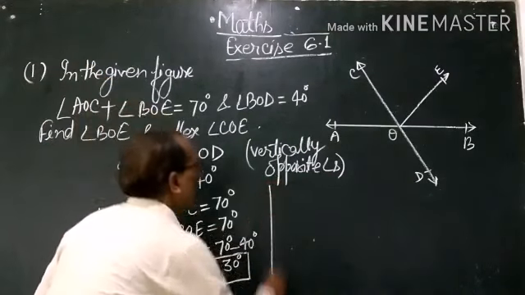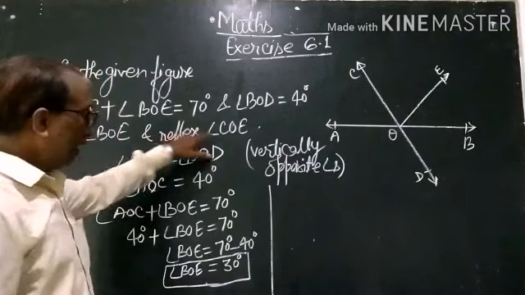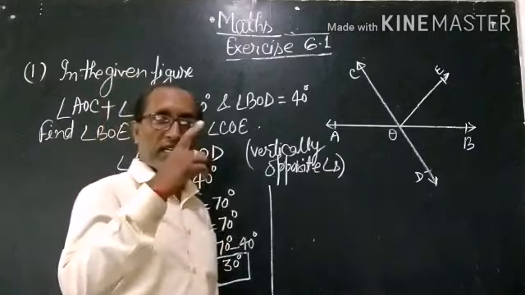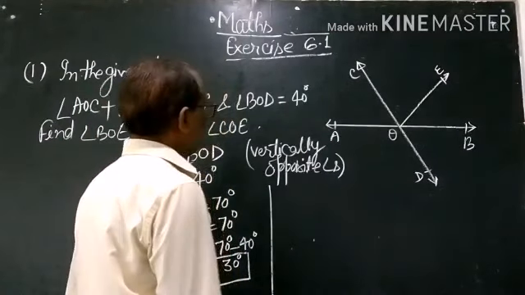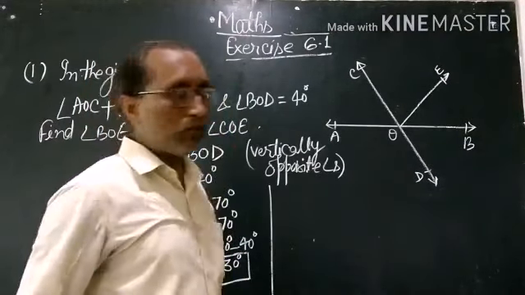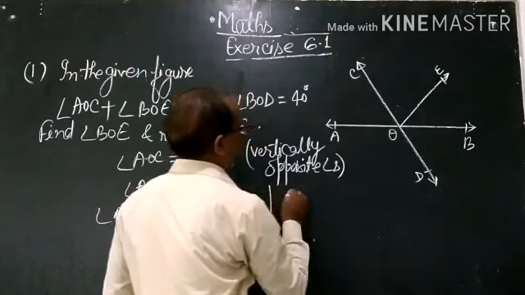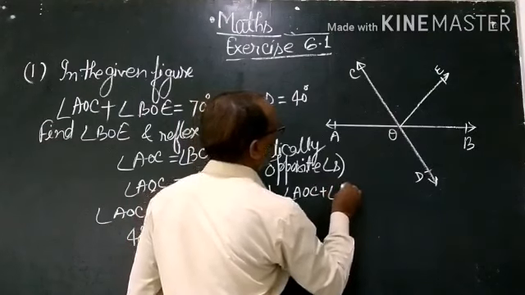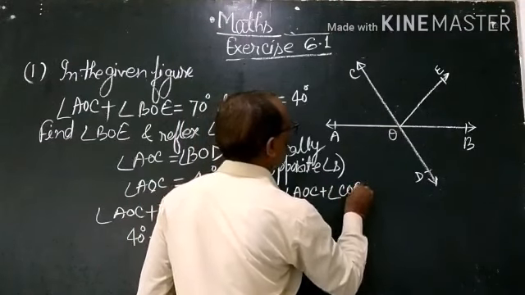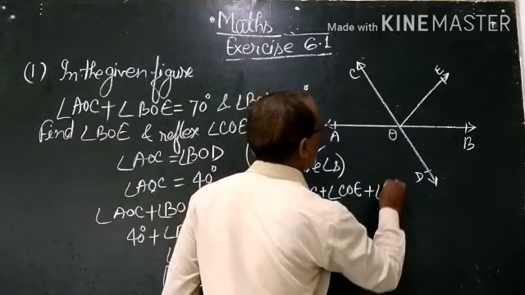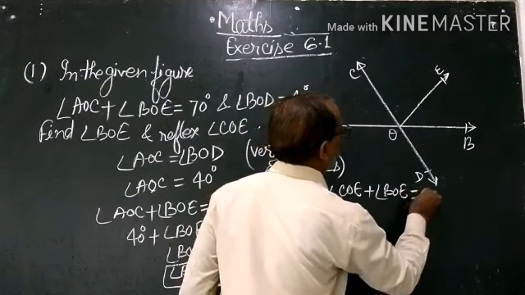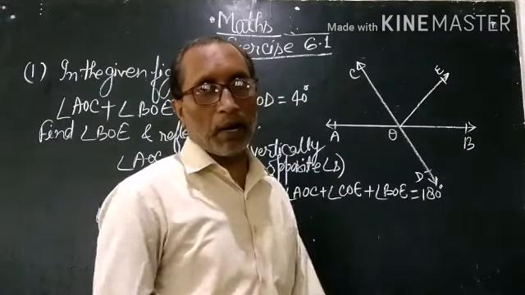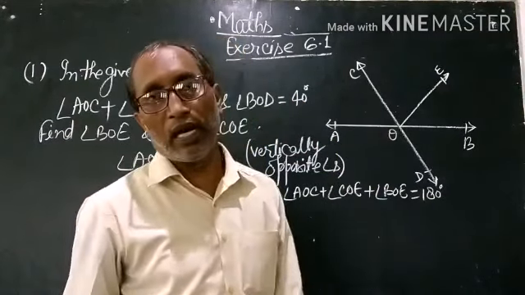Then for the second part, angle COE, first you find angle COE, then you find reflex angle COE. For finding this value, you write down angle AOC plus angle COE plus angle BOE is equal to 180 degrees by the straight line property or linear pair.